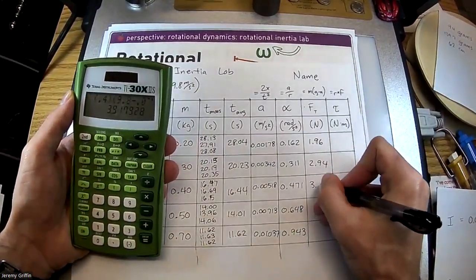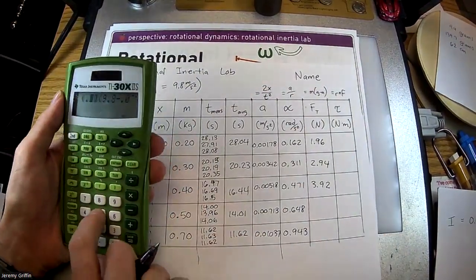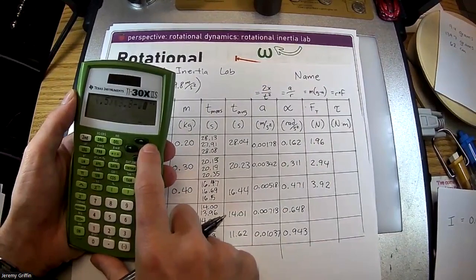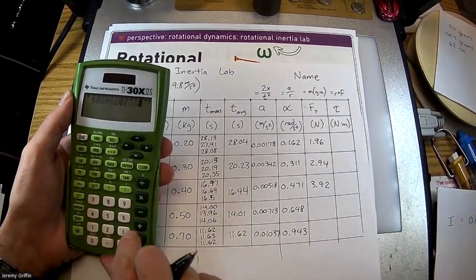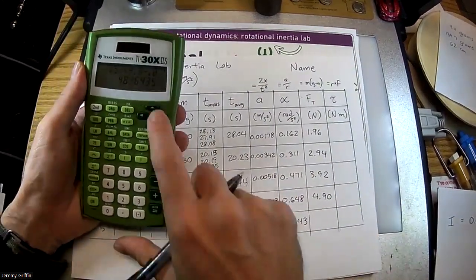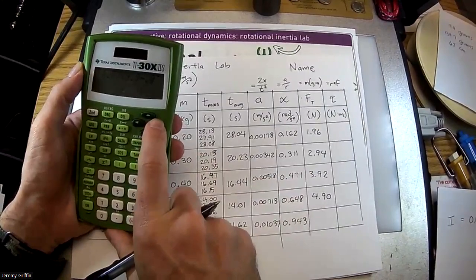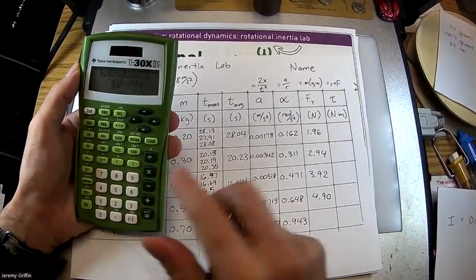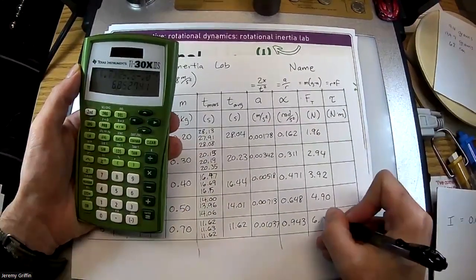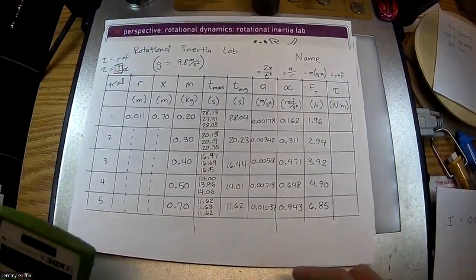Got 3.92 newtons. We got 4.90 newtons. And finally, 6.85 newtons of tension. Okay.